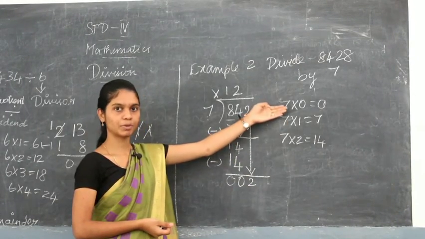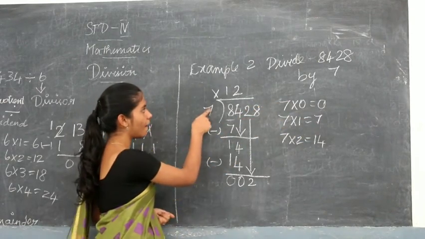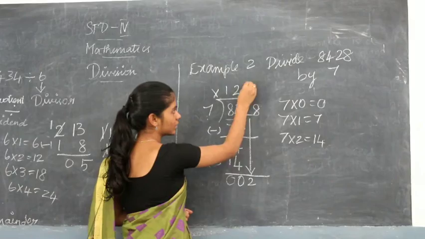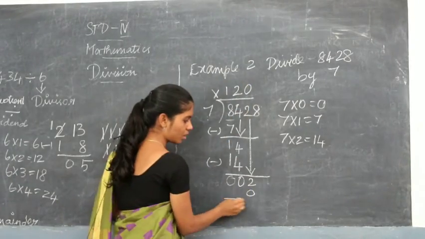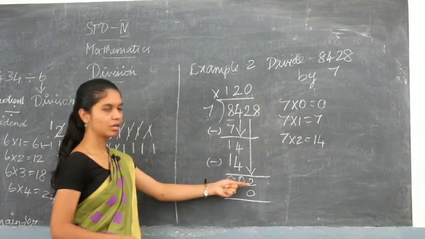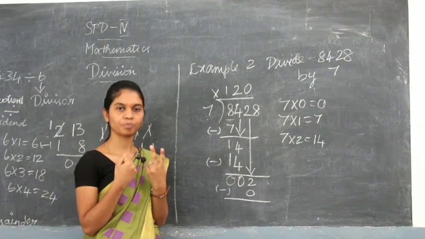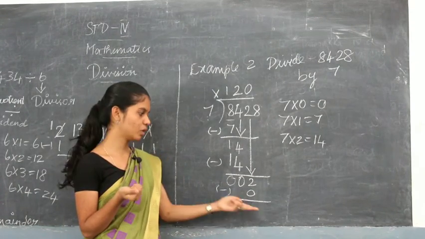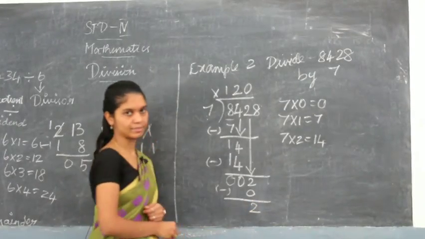You will go to the number before, that is 7 zeros are 0. So 7 multiplied by 0 gives you 0. Now what you should do? You should subtract them, right? So 2 here you have and 0 you have. 2 minus 0. You are not going to subtract anything because it's 0, right? So you will get 2 as it is.